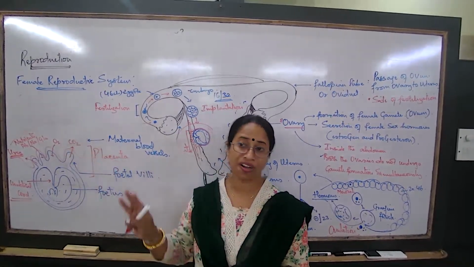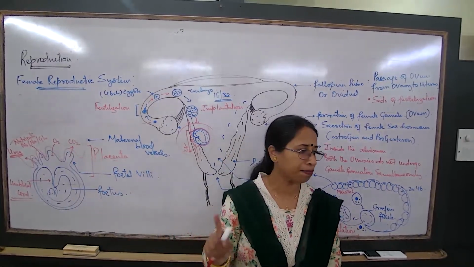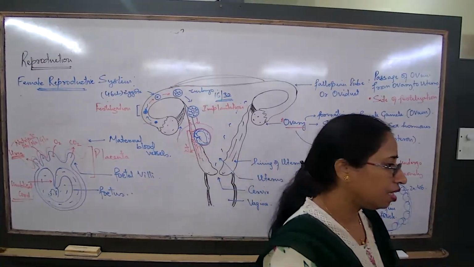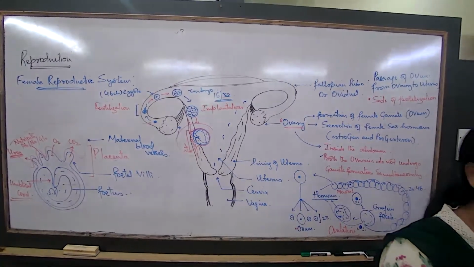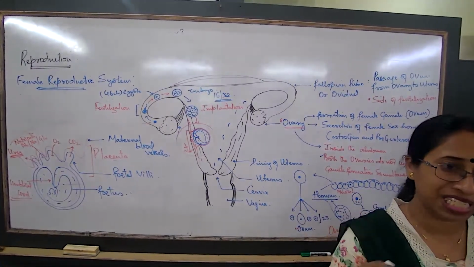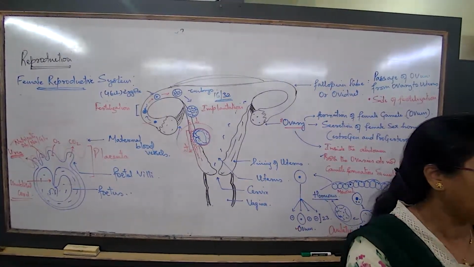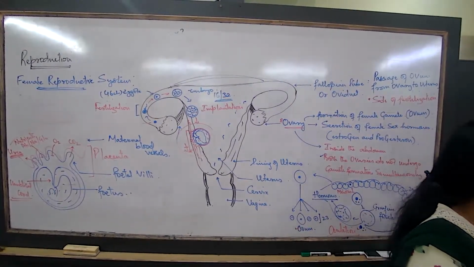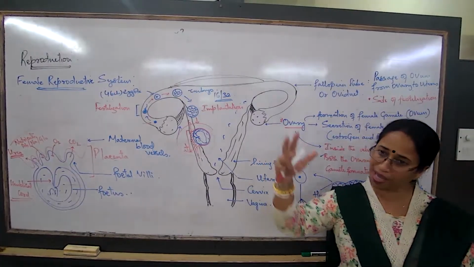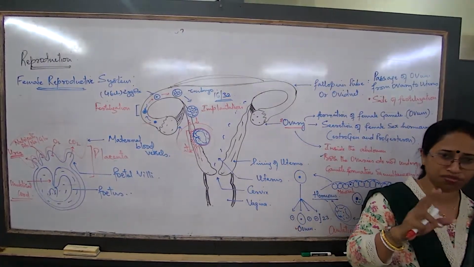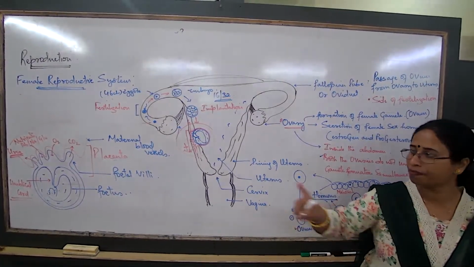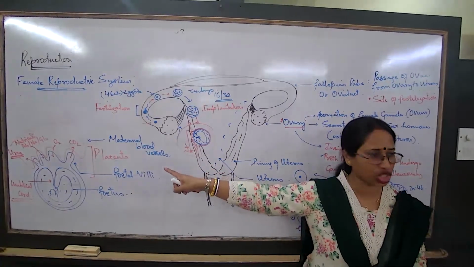What are the three functions I've been talking about? I said the placenta very well helps in the distribution of the nutrients. The walls of the placenta are very thin, so the process of diffusion can happen, and nutrients like glucose, antibodies and vitamins can all pass from the maternal body towards the fetus. Number one. Number two, what did I say? It helps in the process of gaseous exchange.